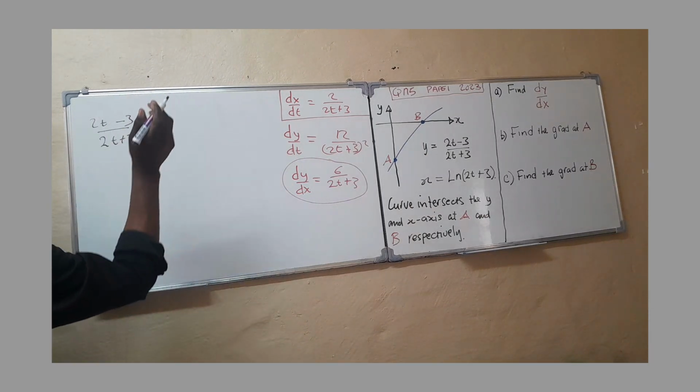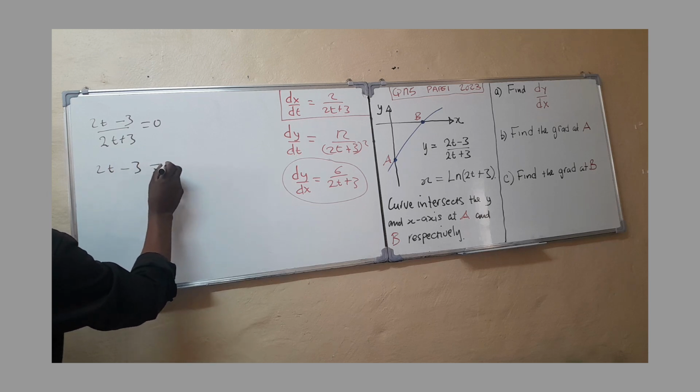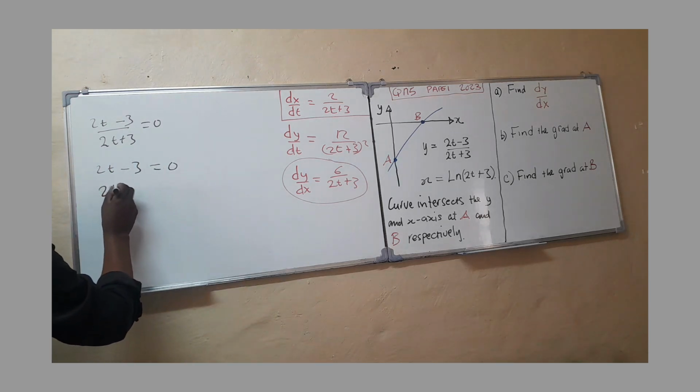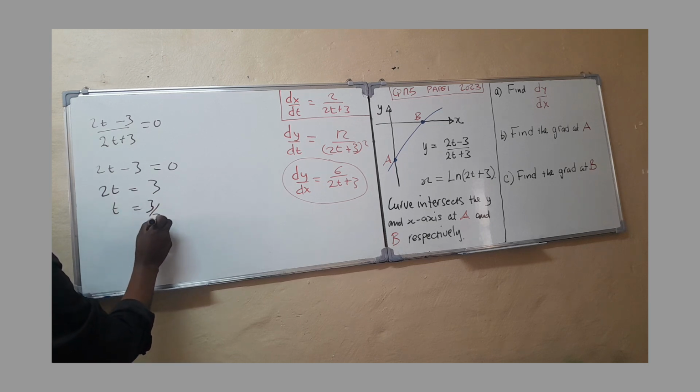Cross multiplying, we just get 0. So we finally have 2t minus 3 is equal to 0, meaning that 2t is equal to 3, t is equal to 3 over 2.